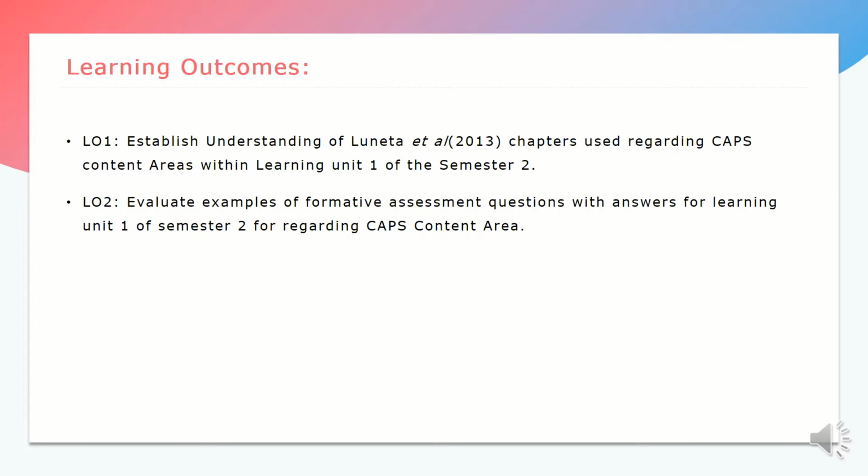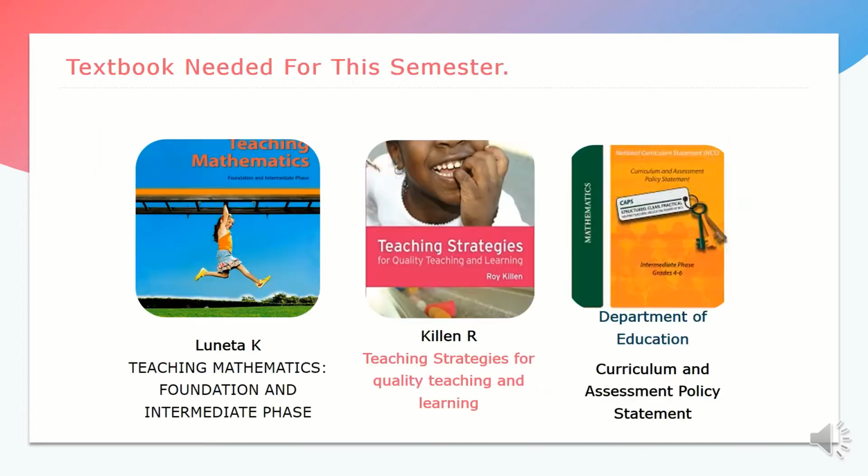Our second would be evaluating examples of formative assessments with answers for learning unit 1 semester 2 regarding CAPS content areas. The textbook that we need for this semester would be Luneta, Killen, and the Department of Education CAPS.